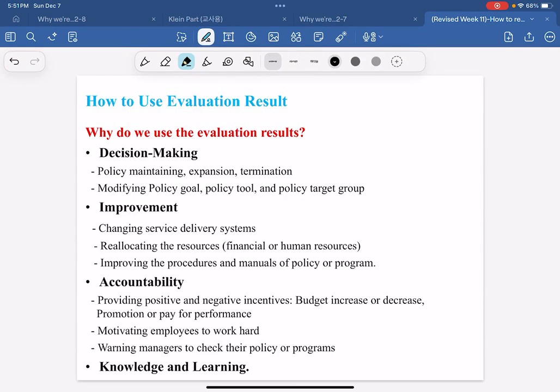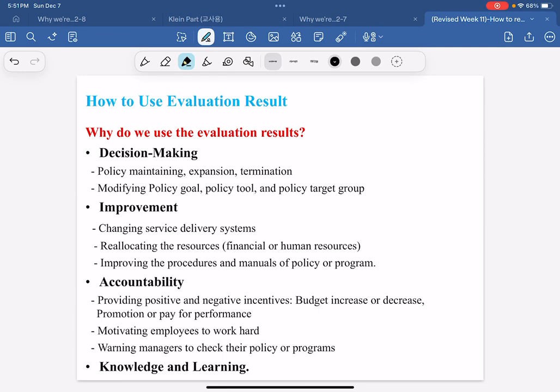In the first class, we learned the purpose of policy evaluation, right? This purpose of policy evaluation is aligned with why we use the evaluation result. And then there are 4 purposes of evaluation: decision making, improvement, accountability, and knowledge and learning.